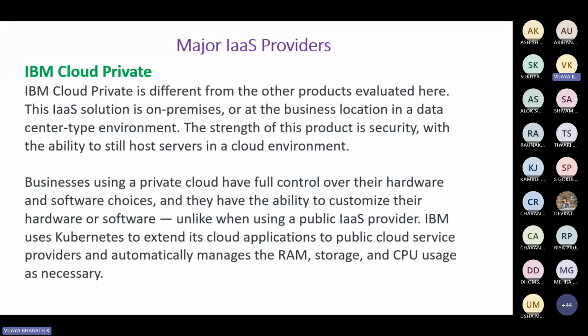You can customize both hardware and software, whereas it differs from the public IaaS providers. IBM uses Kubernetes to extend its cloud applications to public cloud services, and it automatically manages the random access memory, storage, and the CPU as and when necessary.